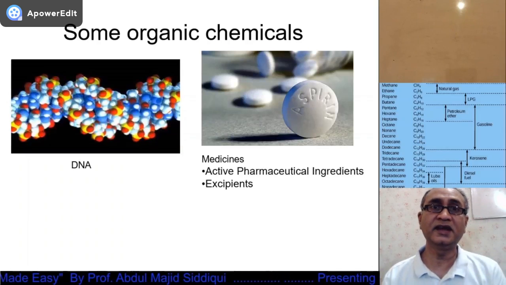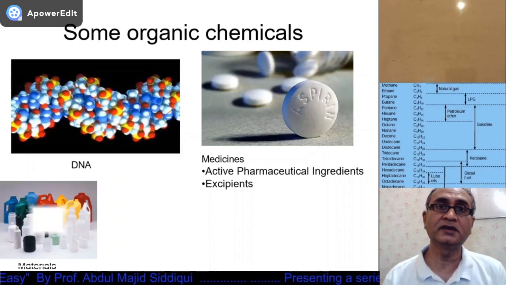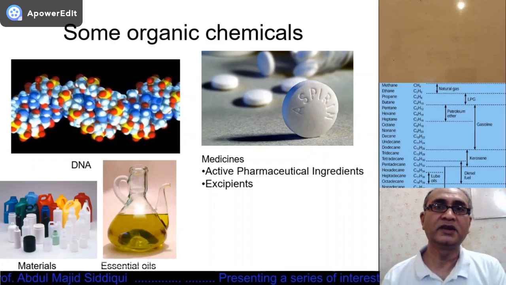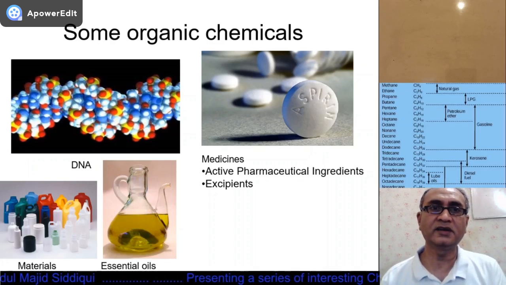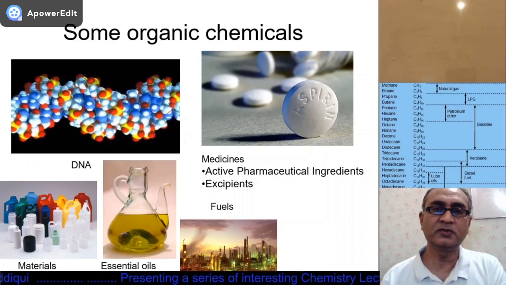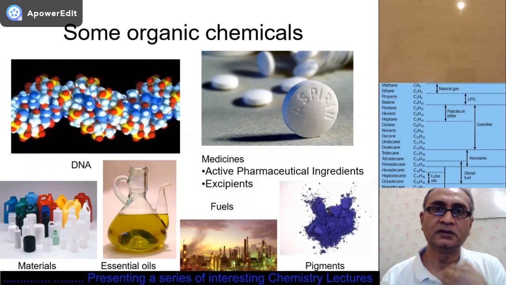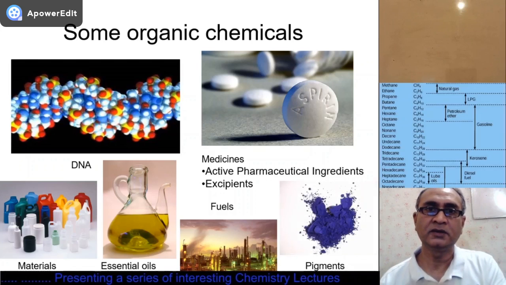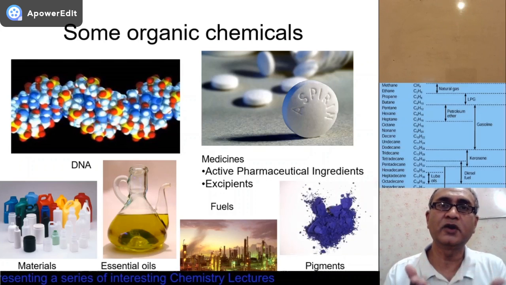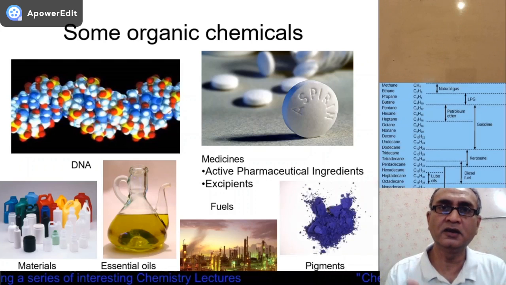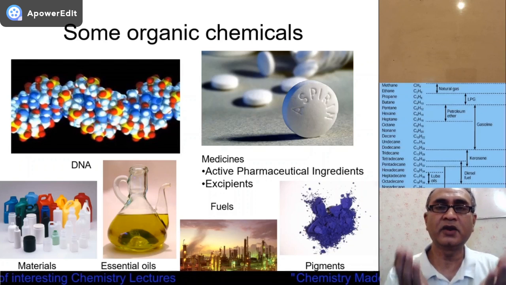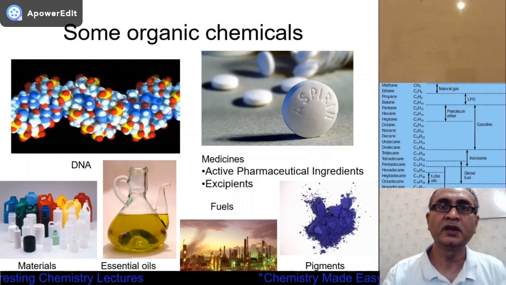As you can see, DNA, deoxyribonucleic acid, various medicines, materials all around us, plastic, clothing, essential oils, vegetable oils, margarine, butter, proteins, carbohydrates, etc. All of these are compounds of carbon. Yes, alcohol, glucose, sugar, these are compounds of carbon.